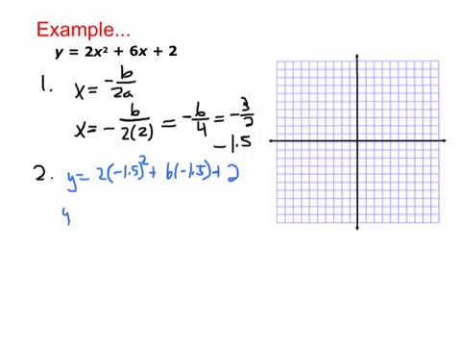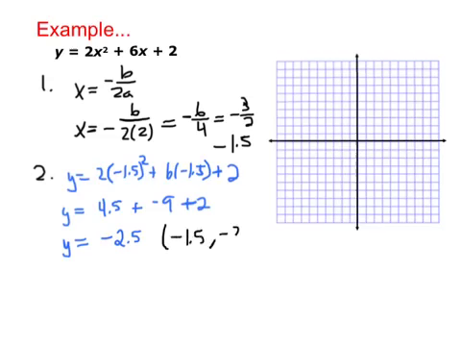And then we get y equals 4.5 plus negative 9 plus 2. And so we get y is equal to negative 2.5. And so our ordered pair for our vertex is negative 1.5, negative 2.5.